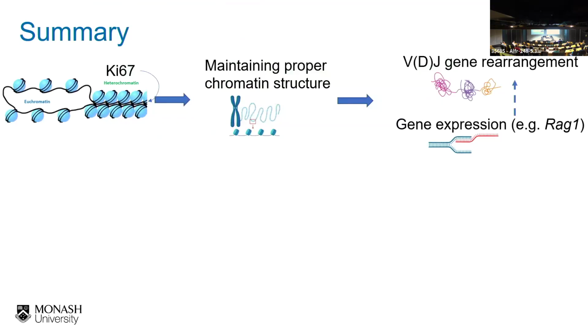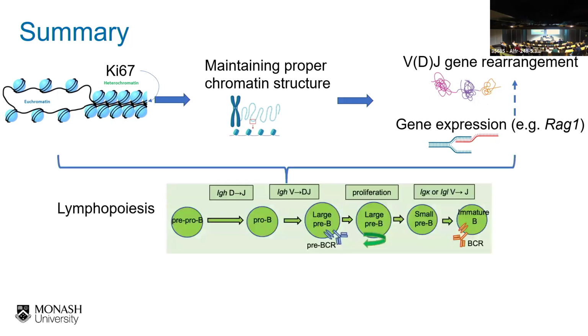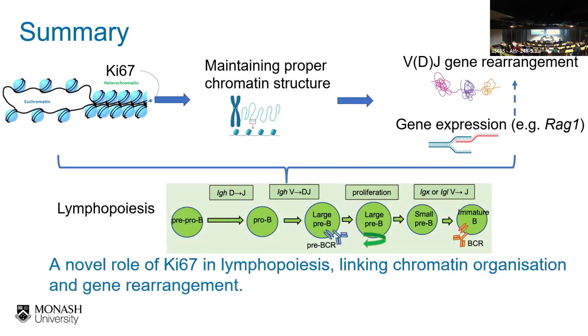So to summarize, we found that Ki67 is needed for maintaining proper chromatin structures, and that is also linked to maintaining proper gene expression, which then maintains the whole gene rearrangement in lymphocyte development, as we would see in a normal situation.